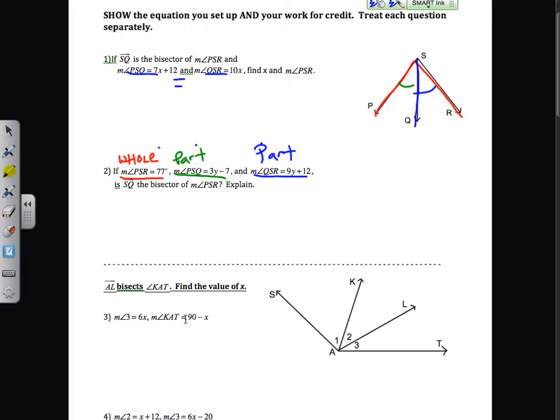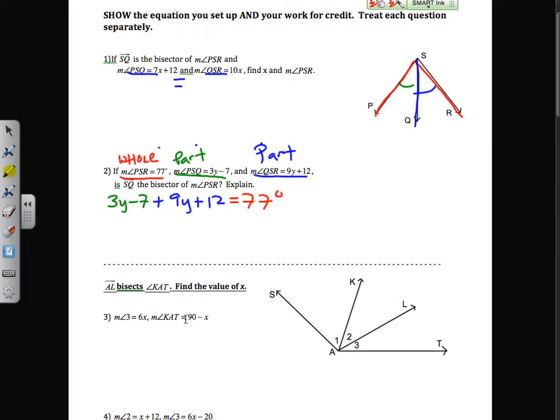So what we can do is set up an angle addition postulate problem and do part plus part equals whole. So I know that 3y minus 7 plus 9y plus 12 will equal the whole of 77 degrees. Let's figure out the value of y that would make this true, because that's going to be the only value of y possible.